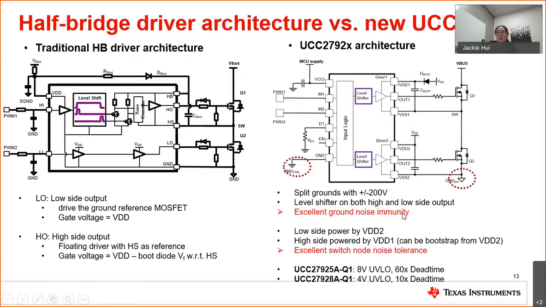You can still use a bootstrap circuit to power the high side, bootstrapping it from VDD2 in here from the low side. But this architecture allows this driver to be used not only as a half bridge, but also as a dual high side or a dual low side. I'll give some examples later on in this presentation to explain how it's being used.